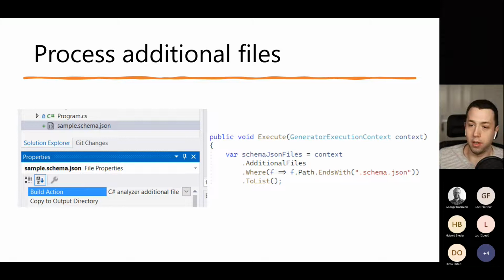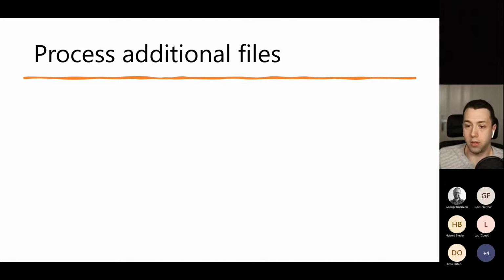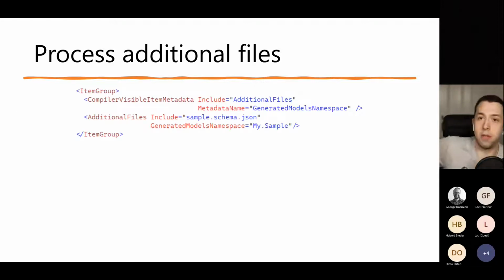So we can ask, in this case, the compilation context, yeah, give me the additional files, and I can filter for what interests us. I can also set metadata on that. So this AdditionalFiles tag would be generated when selecting the build action, but we can also add some additional metadata.